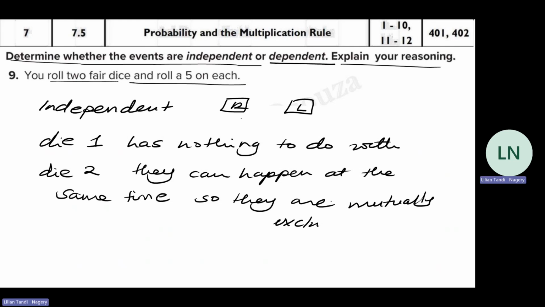Mutually exclusive means they cannot happen at the same time. They are not mutually exclusive, so they are independent. Yes, not mutually exclusive. Okay?